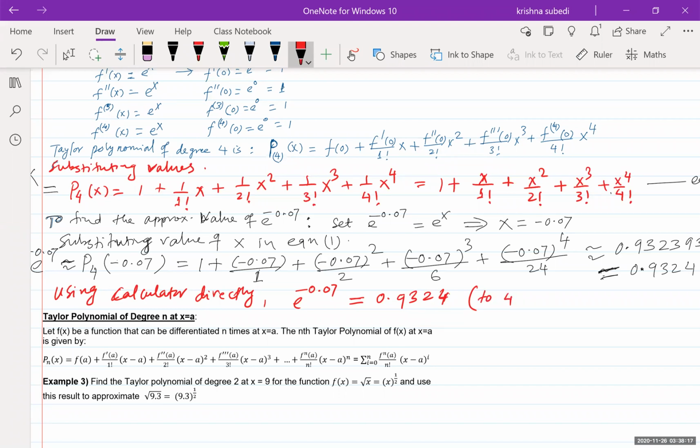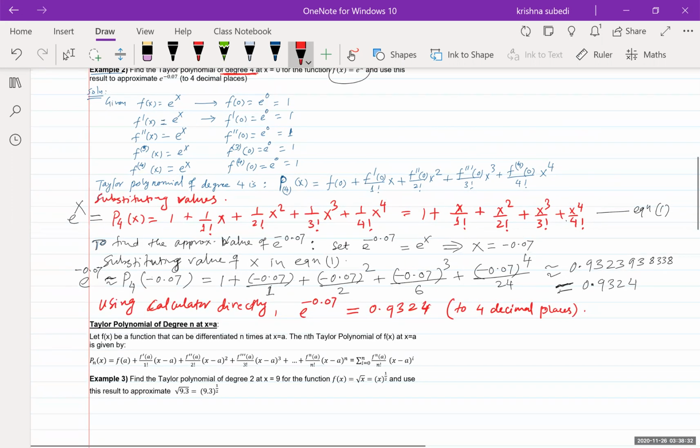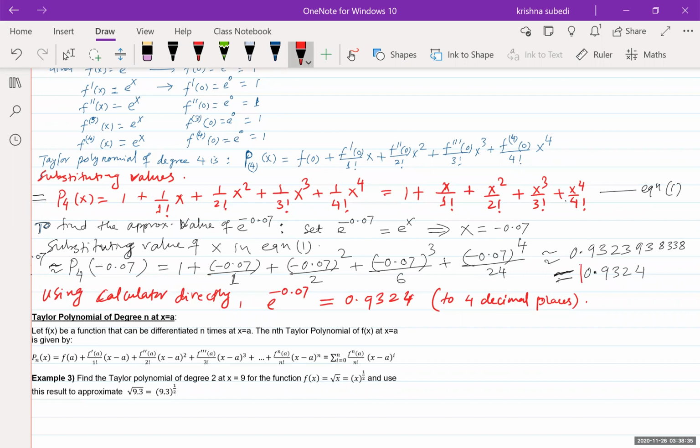To 4 decimal, 4 digits after decimal. And let's check whether they are approximately equal. This is what we got using the polynomial, and this is what we got using the calculator directly. Are they equal? Oh, they are pretty equal, right? As a matter of fact, to 4 decimals, they are actually equal. So that's the beauty of Taylor polynomial, guys.